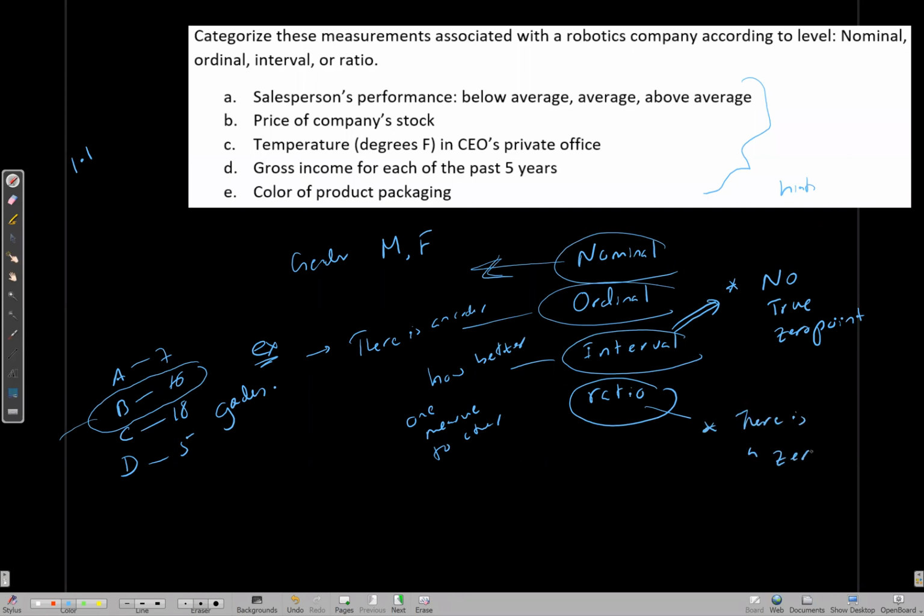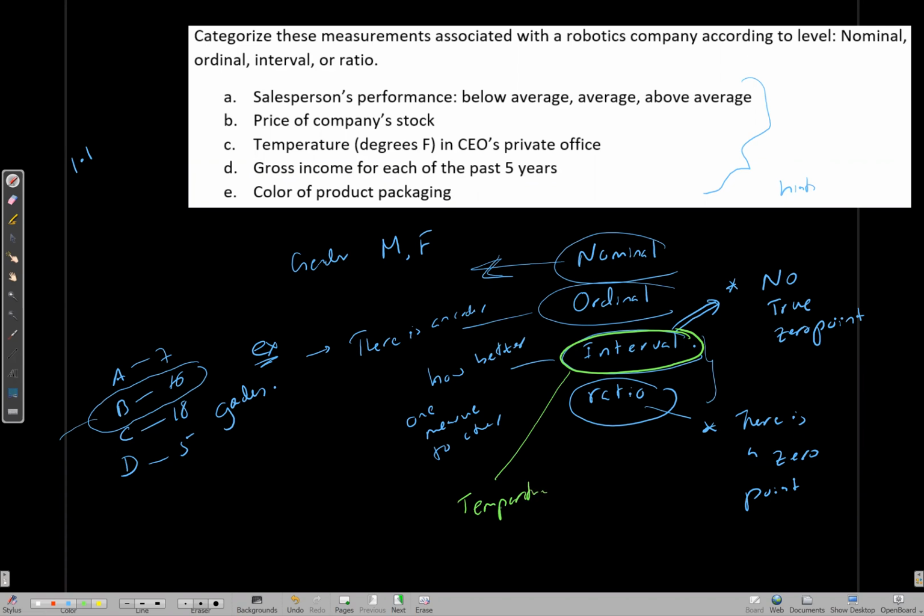Now I must give an example for this one to understand, because they look similar. The best example is temperature.